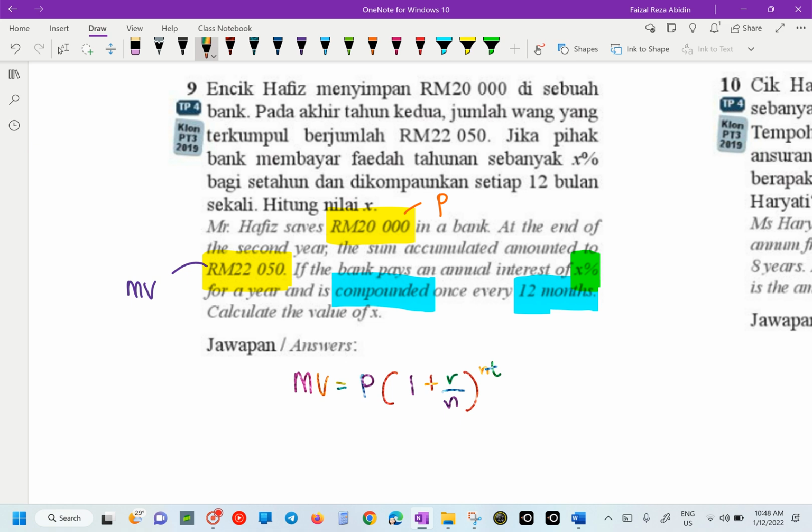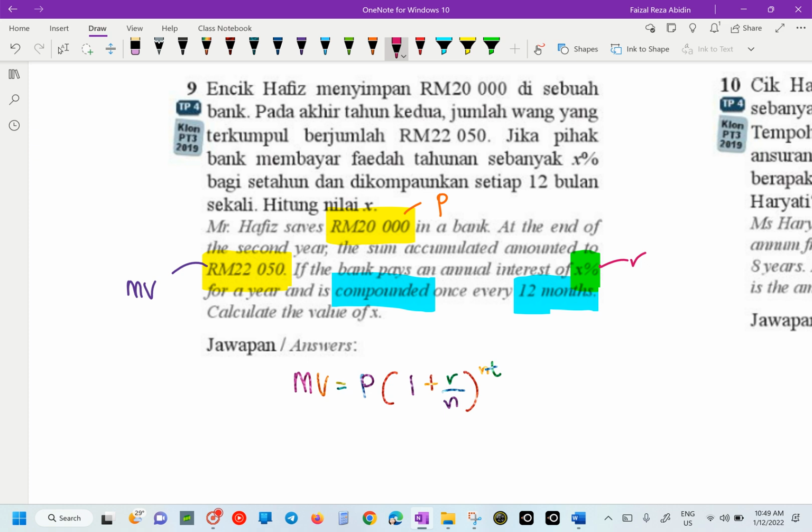We have maturity value, principal, and rate is our X. How about our N? N is..., and X is our R.